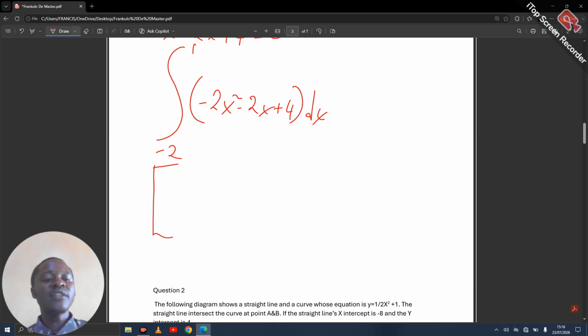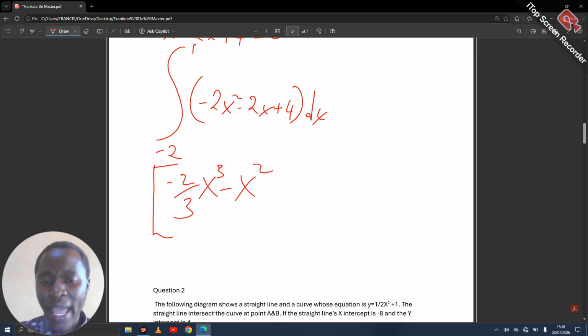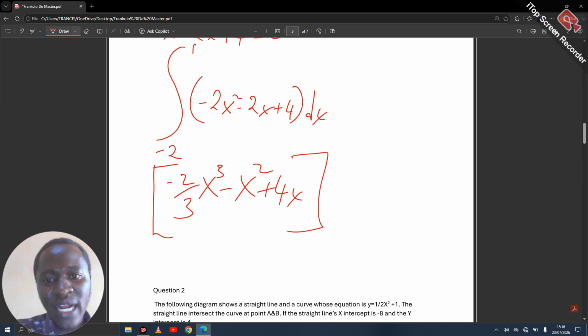Now integrate. What will we have? -2 over 3 x cubed minus x squared plus 4x, all the way from -2 to +1.